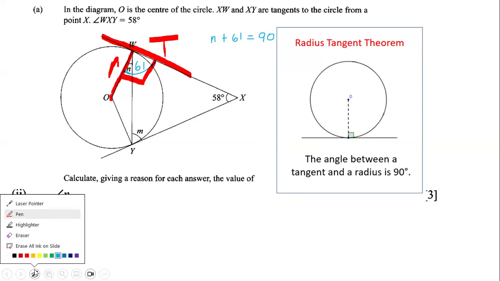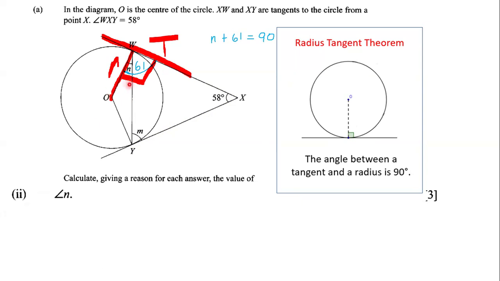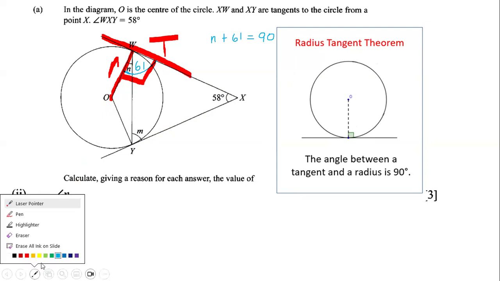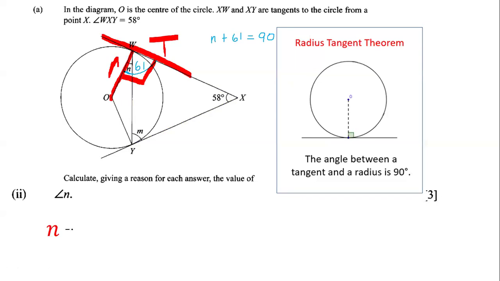So in order to figure out the size of angle n, we're going to say n is equal to, this is not right, not 180. n is equal to 90 degrees minus 61.